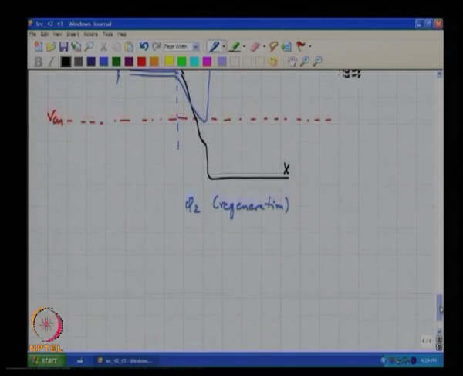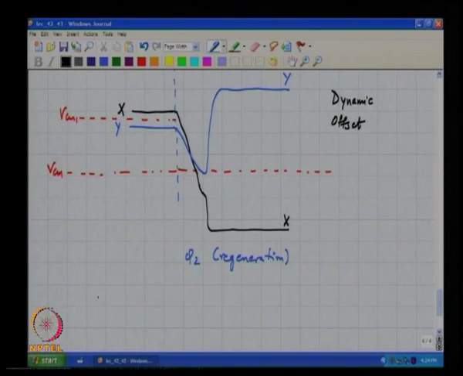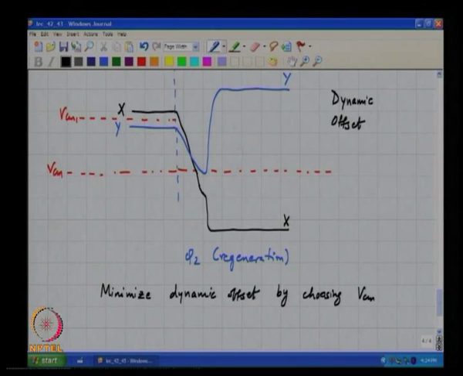So, the best bet to minimizing dynamic offset is by choosing VCM1 equal to VCM.